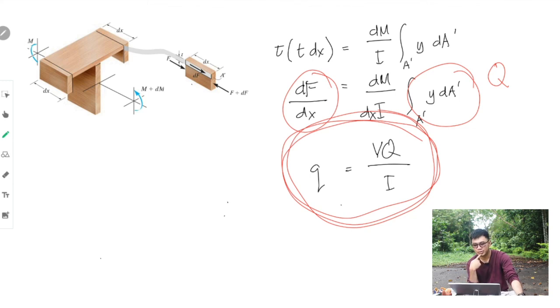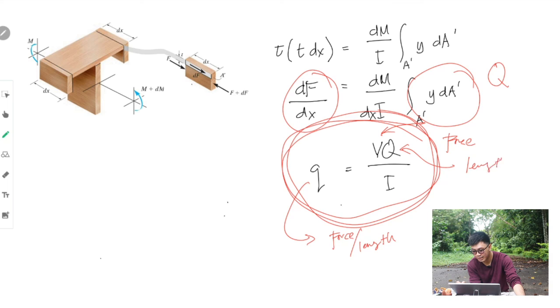Your q has a unit of force over length. V is, of course, a unit of force. Your Q is length to the 3rd, and this I is length to the 4th. So therefore, force per unit of length.